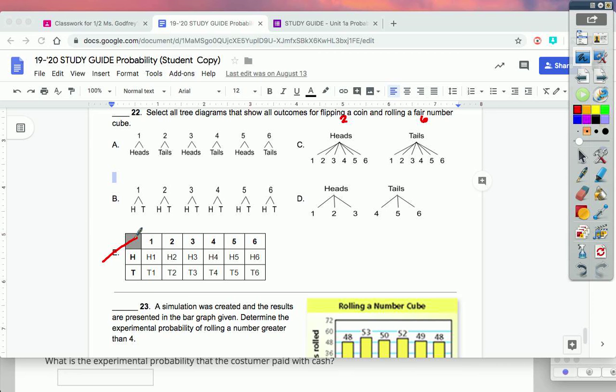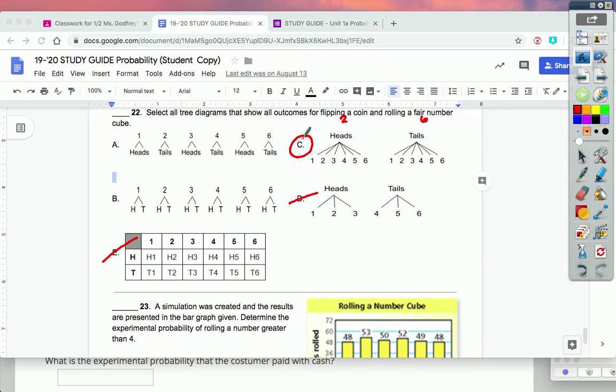Move to our second event of rolling a cube. We have 6 options. This one here has 6, but they did not put the 6 with each one of the previous outcomes. So this one is the correct one. We can have heads or tails, and then we can have 1 through 6 for heads and 1 through 6 for tails. C is correct.